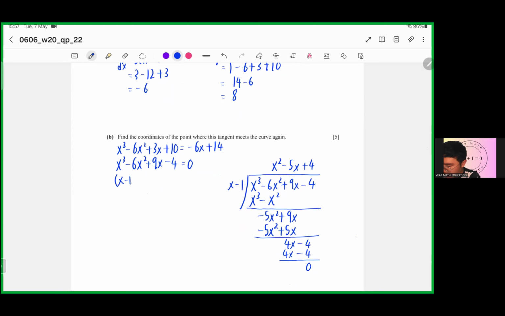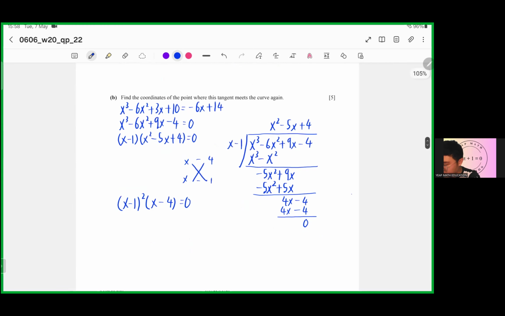So we get x minus 1 times x squared minus 5x plus 4 equals 0. Then we can do the factorization: x minus 4, x minus 1. We get (x minus 1) squared times (x minus 4) equals 0. It means x equals 4. This is the coordinate where the tangent meets the curve again.